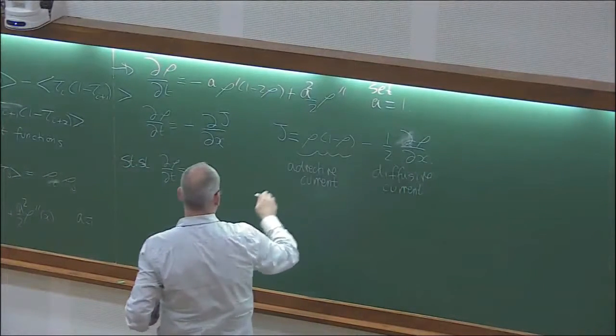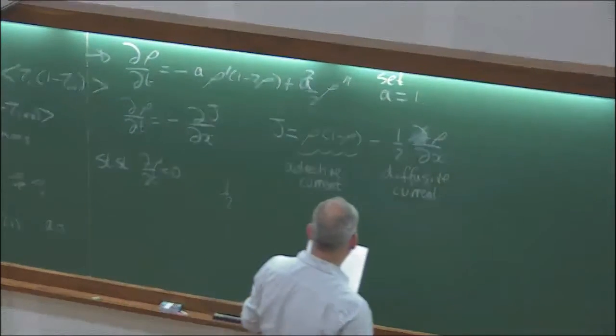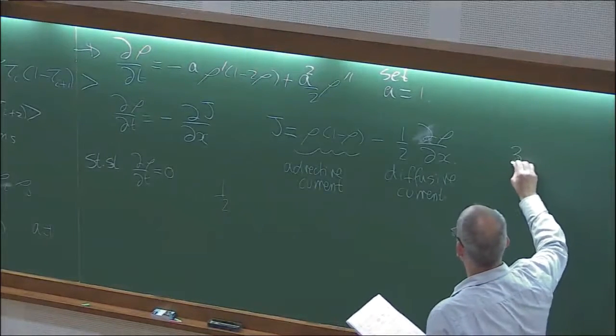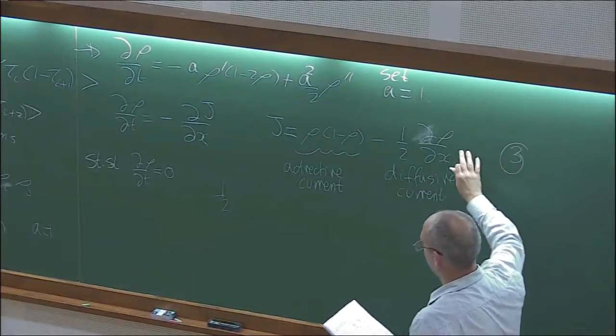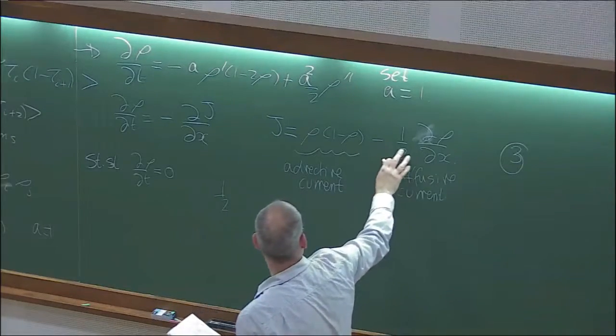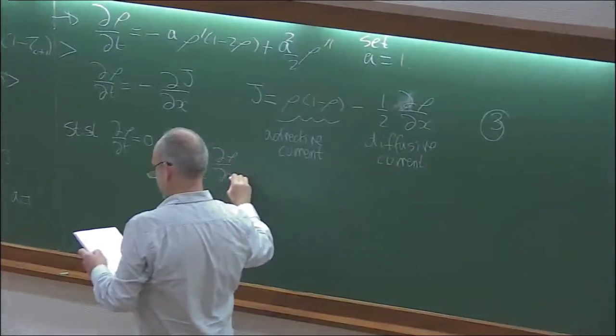I can rewrite this equation as, let me label this as equation 3, this stuff here. So the steady state becomes a half d rho by dx.